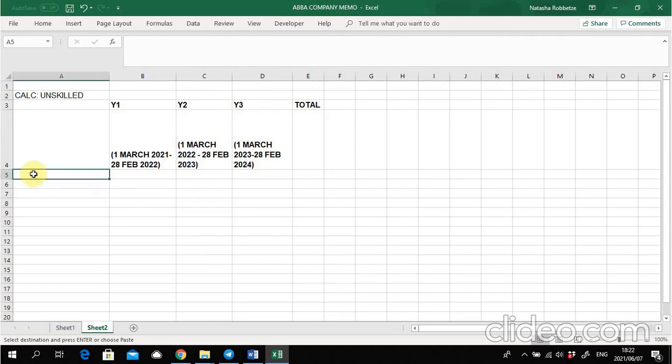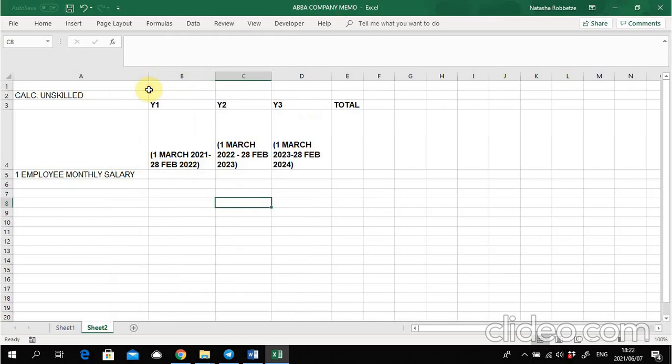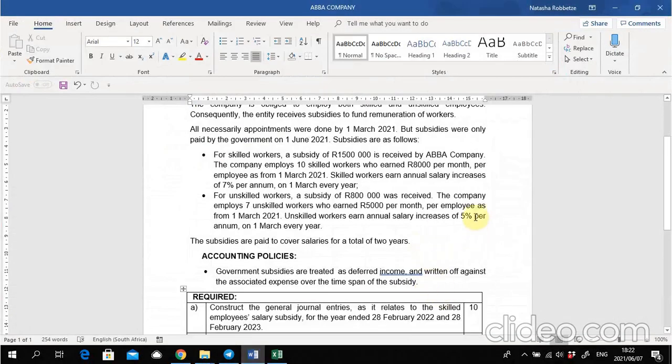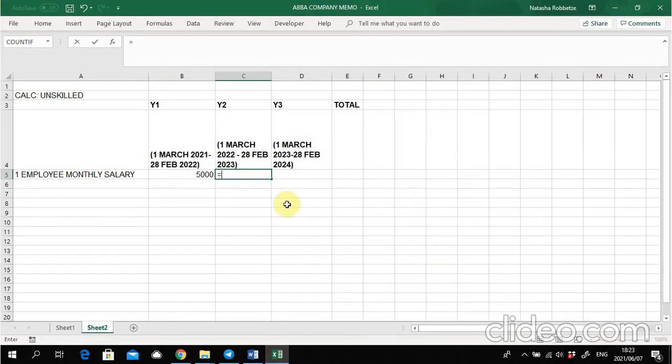Right, so we're going to start off by saying, what is the salary of one employee? And if I look at unskilled workers within the question, we are told that the unskilled workers receive 5,000 Rand currently, which is since 1 March 2021. They have salary increases of 5%. So it's going to be 5,000 times 1.05.